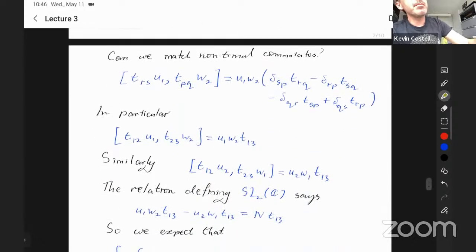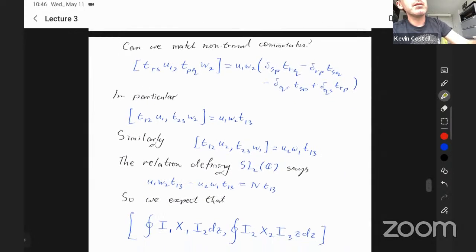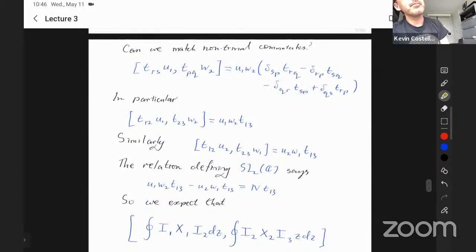So we need to be able to match the non-trivial commutators. So let's examine one of these commutators. For example, if I take T_RS times u1, T_PQ times w2, and I commute them, all I'm doing is taking the SO8 commutator of these matrices, which are anti-symmetric, and then multiplying the functions.